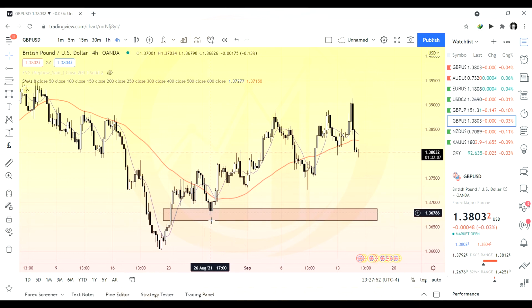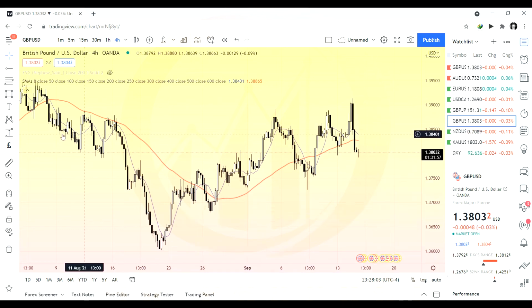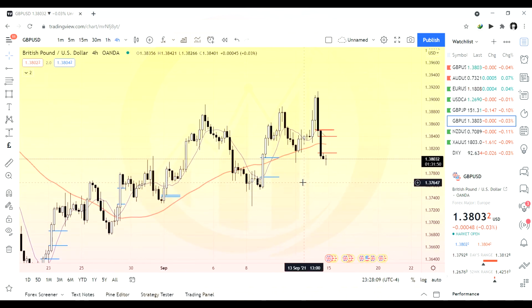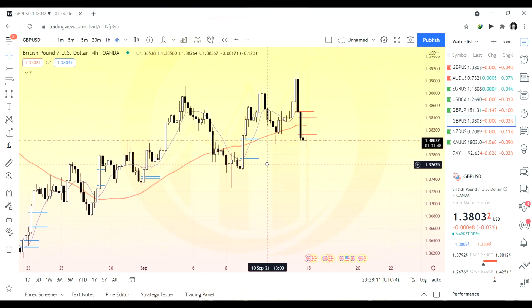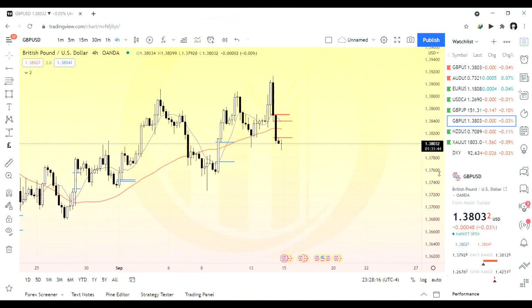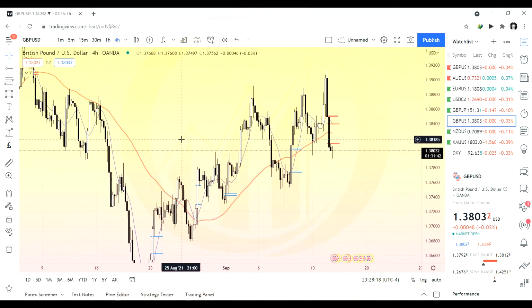You can see how the market dipped into this and that huge push upwards. So right now what we're going to do is turn on this indicator, and we're just going to look for the gaps. It's as simple as that.